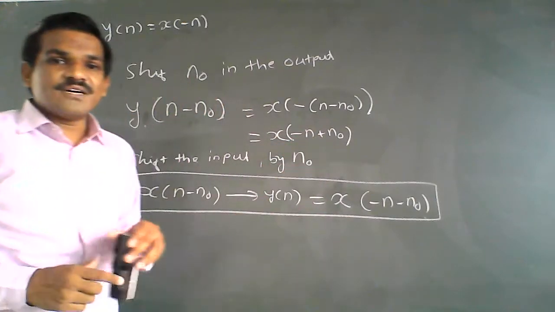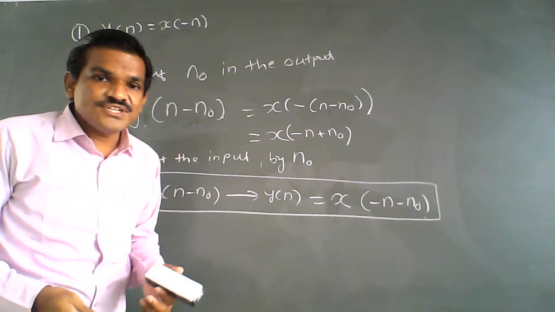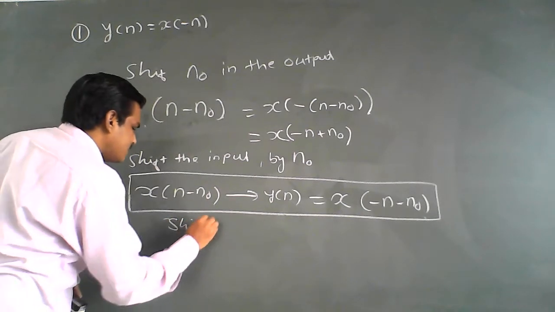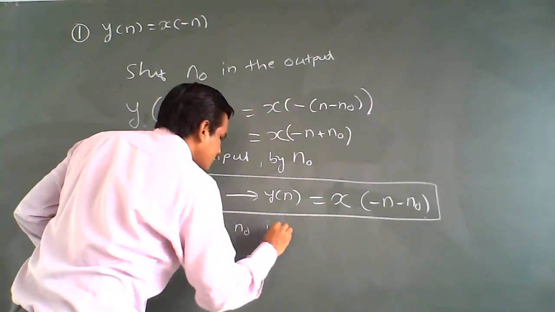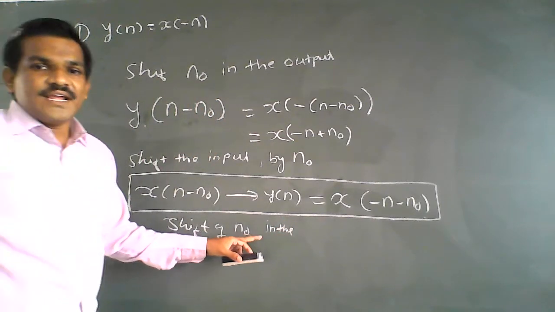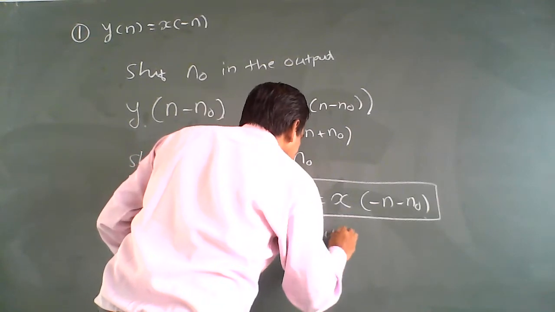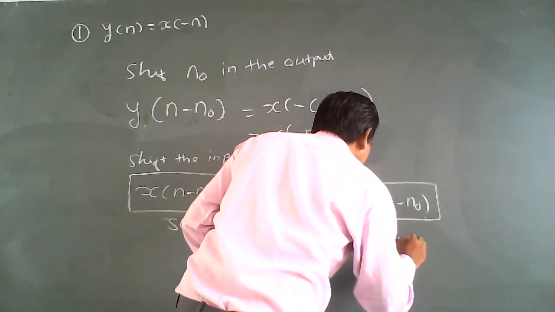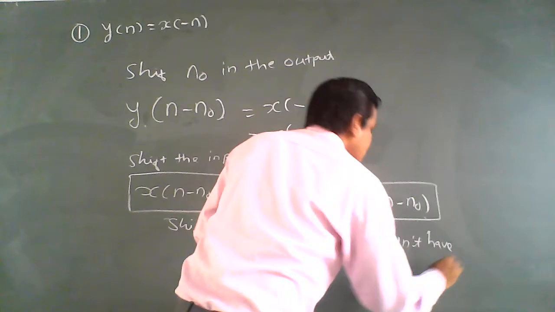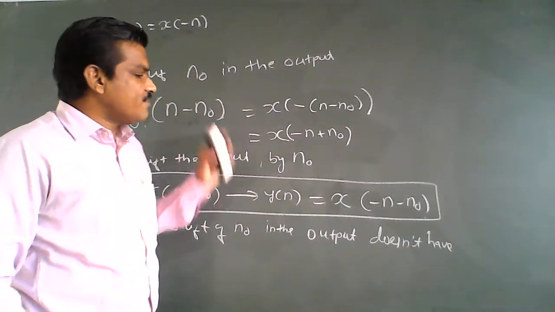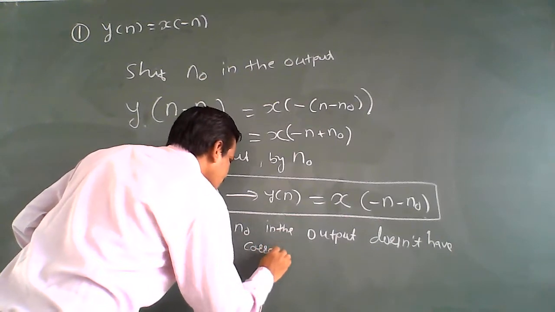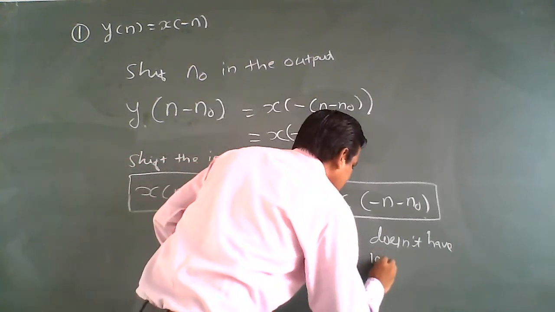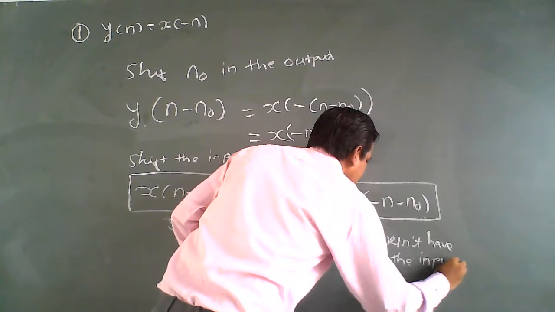So from the above equation, it is clear that a shift of n0 in the output doesn't have a corresponding shift in the input.